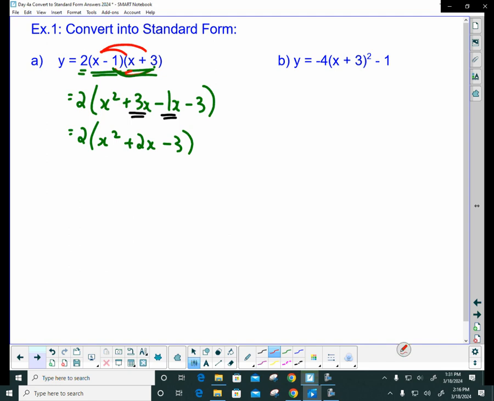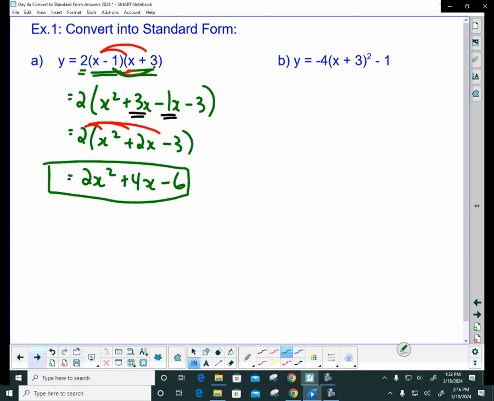So I'm going to have to rainbow that 2 in to the other one. So it's going to be 2 times x squared, which is 2x squared, 2 times 2x, which is 4x, and 2 times -3 is -6. And there I have the equation of that same graph, but in standard form.